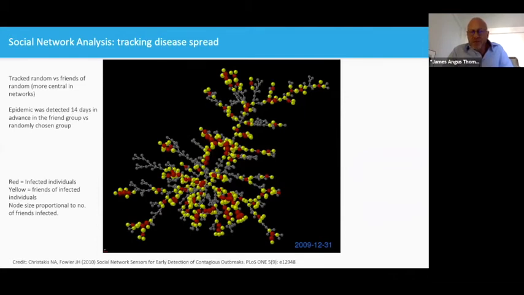One sample was just random individuals, so basically sentinels randomly chosen. The second sample was the friends of randomly chosen individuals.